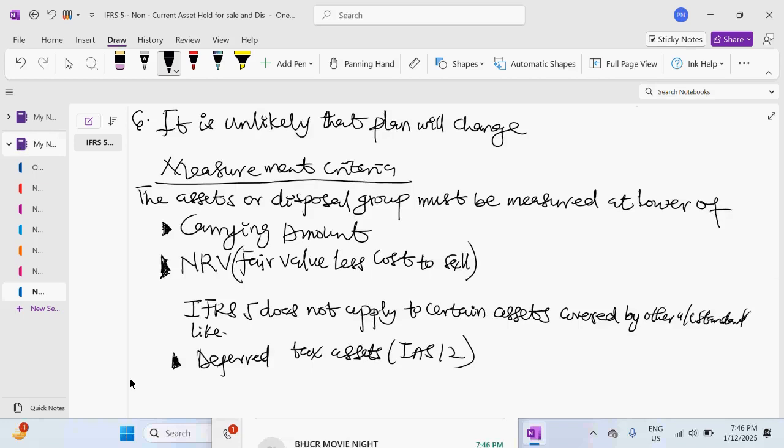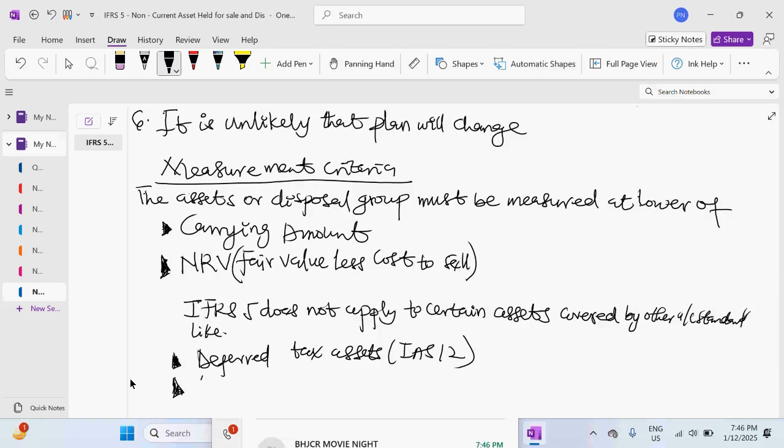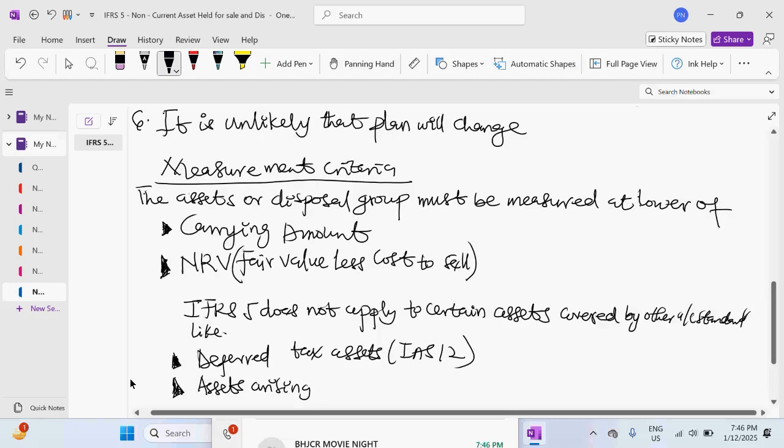And then also we have assets arising from employee benefits.